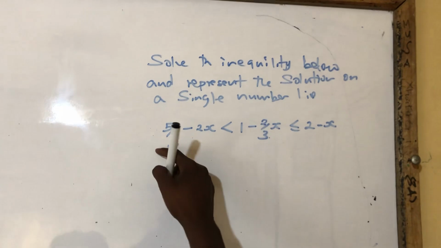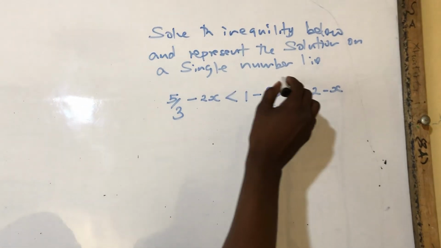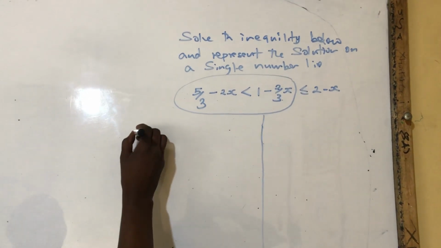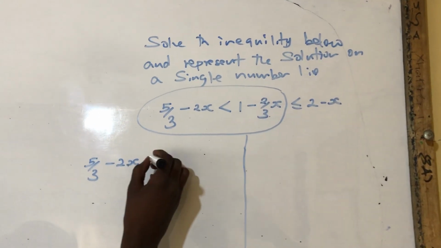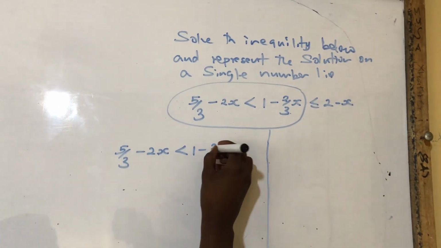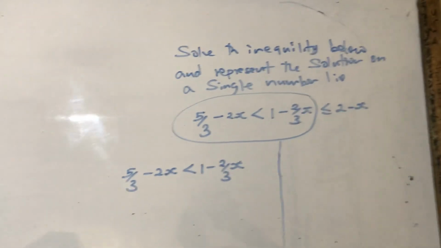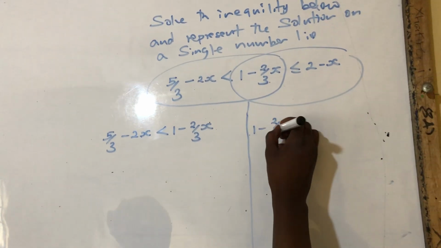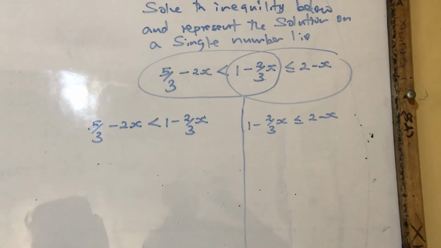Like we have said, you will separate this in this manner. I will have 5 over 3 minus 2x is less than 1 minus 2 over 3 of x. Then I will have this other one: 1 minus 2 over 3 of x is less than or equal to 2 minus x.